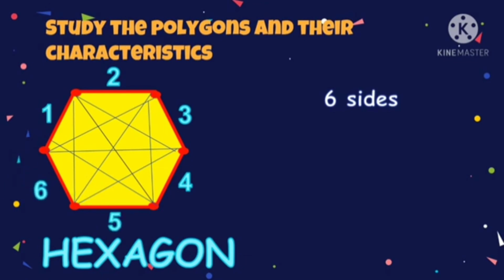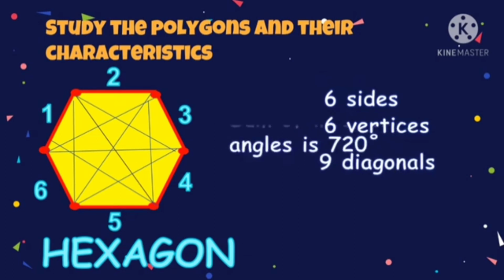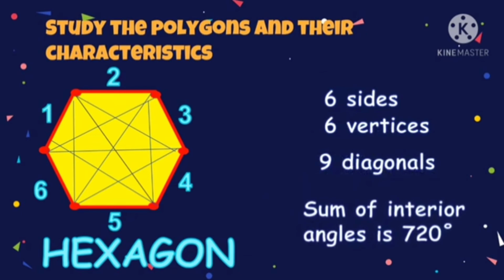So, when someone asks you what polygon has 6 sides, ang sasagot nyo is hexagon. Then, bukod sa 6 sides, meron din siyang 6 vertices or sulok. At meron siyang 9 diagonals. So, alam niyo na kung paano kunin yung diagonals. And the sum of interior angles of a hexagon is 720 degrees.